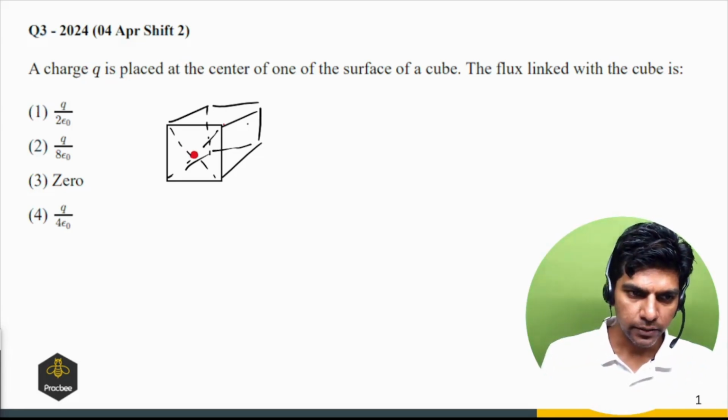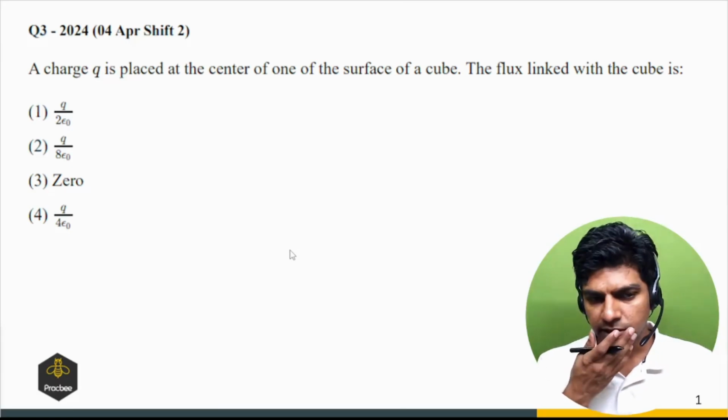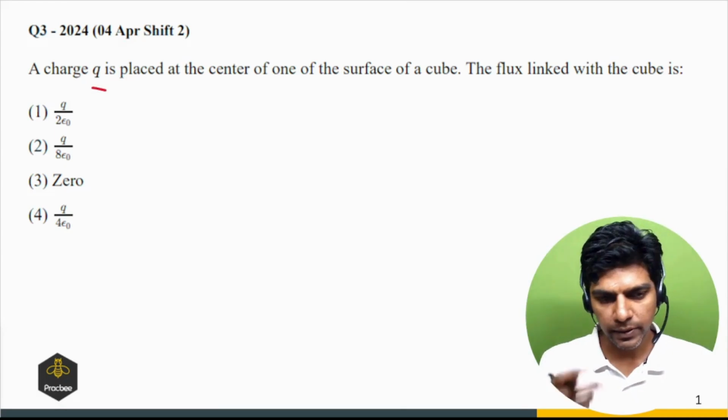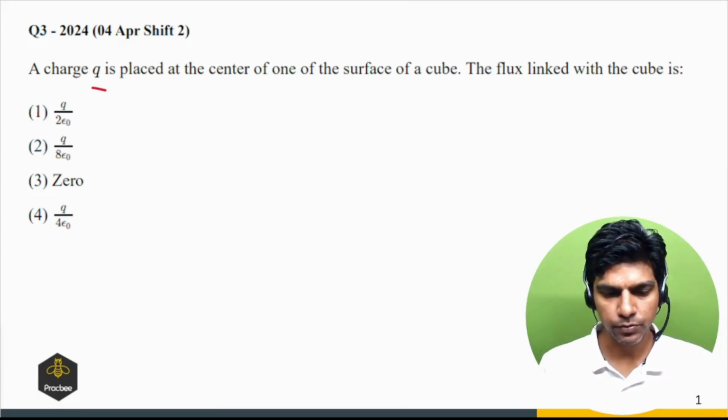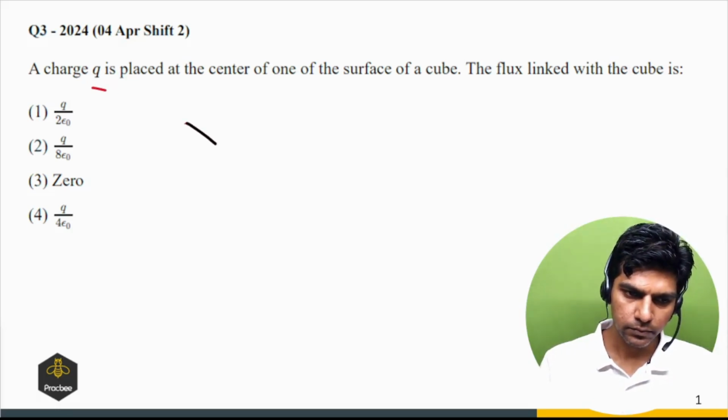So how to do that? So in this illustration we are given a charge q which is placed at the center of one of the surfaces of the cube. Right, so let me draw the cube.